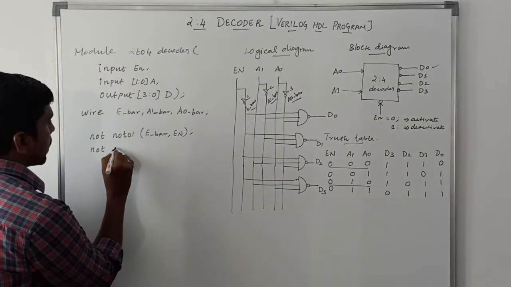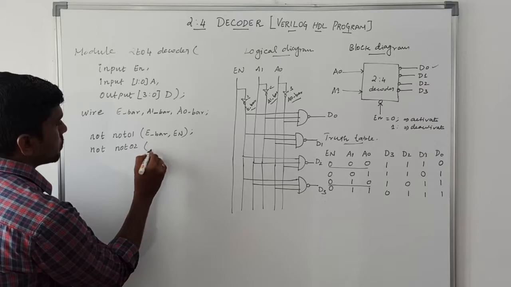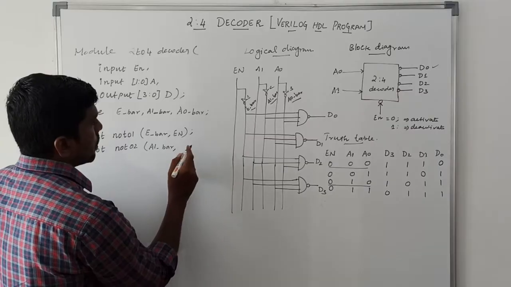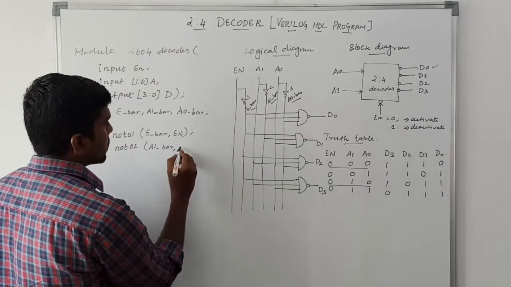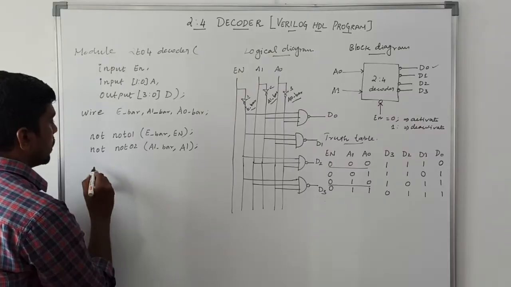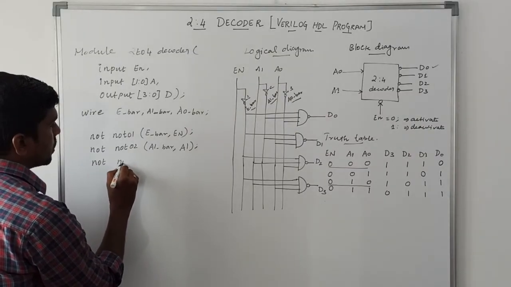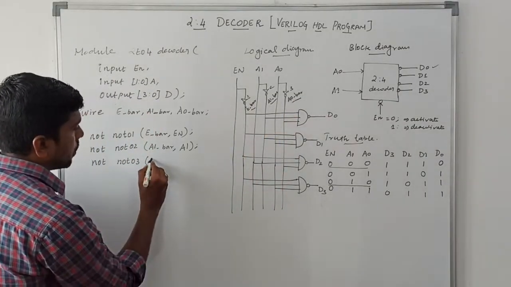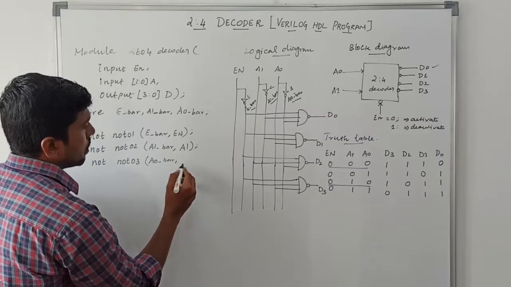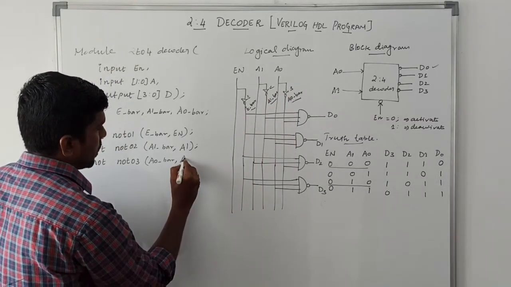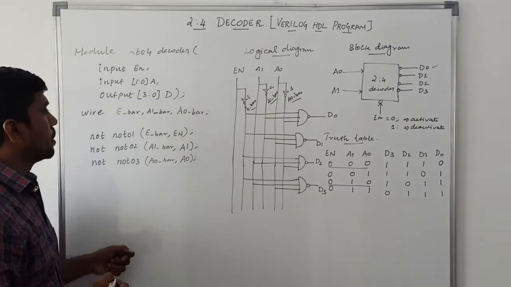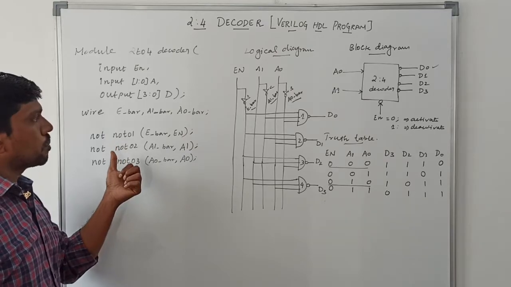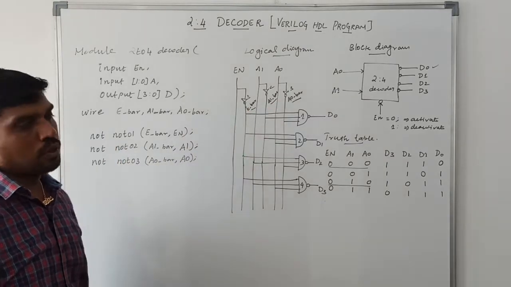Then the second NOT gate, NOT 2. The output is A1 bar, and the input of the NOT 2 gate is A1. Following that, the third NOT gate. Its output is A0 bar, and its input is A0. So now the NOT gate function is over.